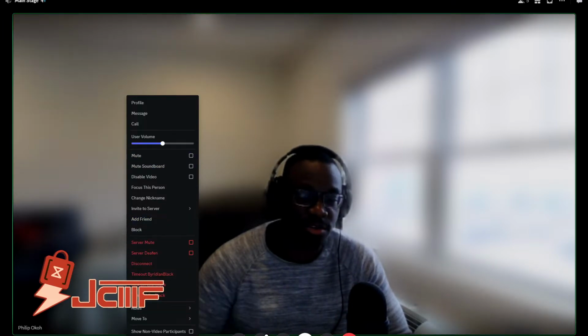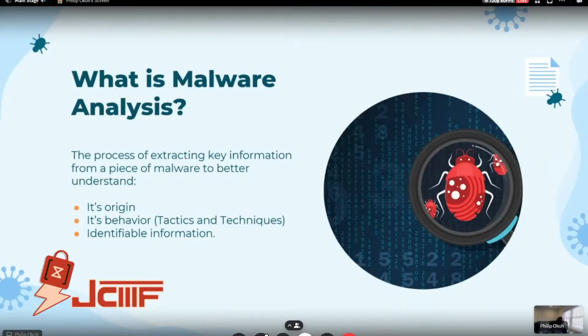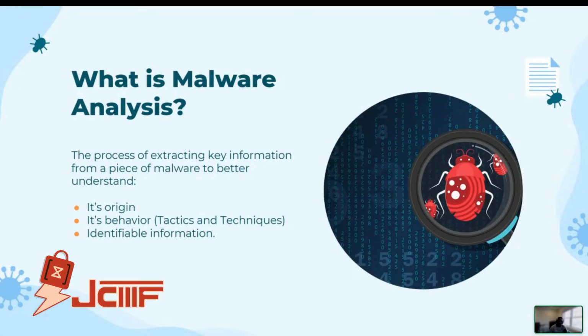Another thing that you're looking at is identifiable information. So identifiable information means information that is very unique to the piece of malware itself. This information is very useful. It's actually the most important aspect of malware analytics because this is the stuff that helps prevent attacks or earlier detections in the future. So this can be through what we call hashes, cryptography-based hashes, to identify a piece of malware.